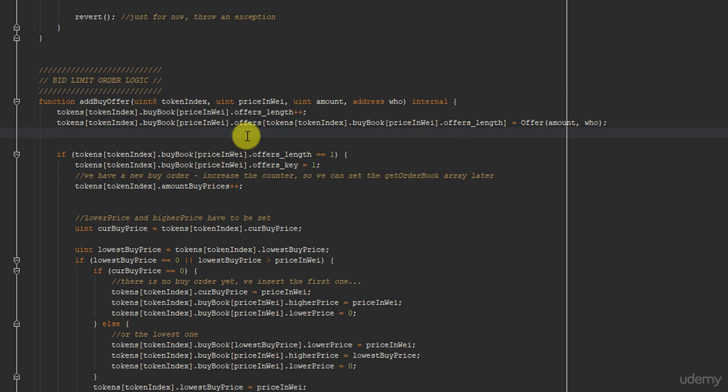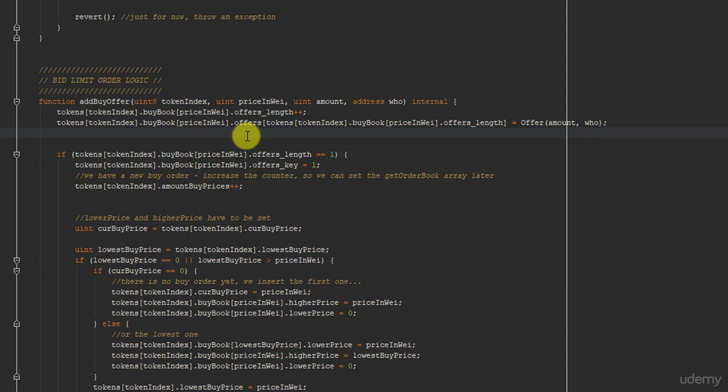And we only have to do this if it's the first offer for this price. Then we have to take care of the next price's last price, or lower price, and the lower price's higher price values. And here we have 3 cases, or actually 4. But the first case would be we have the lowest offer in the whole chain.